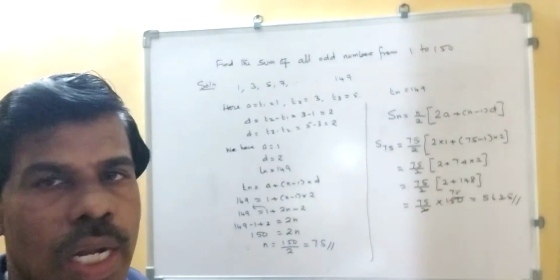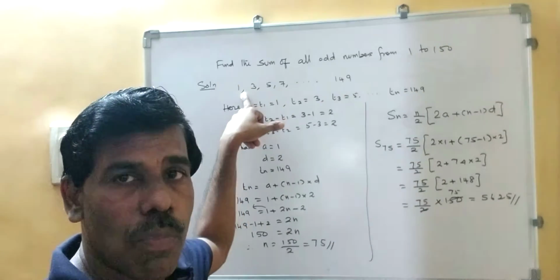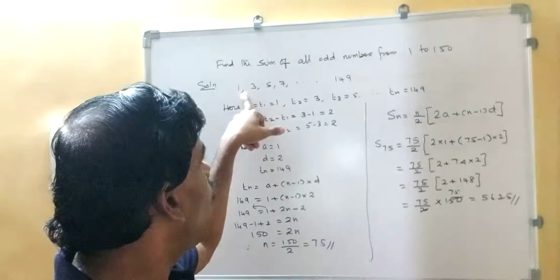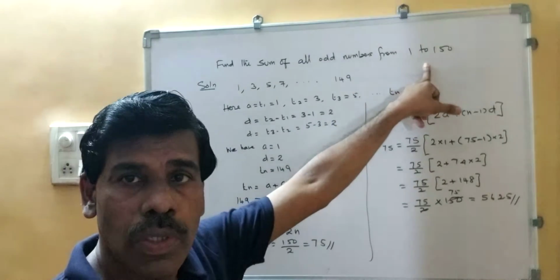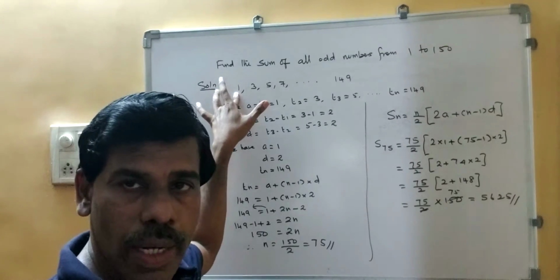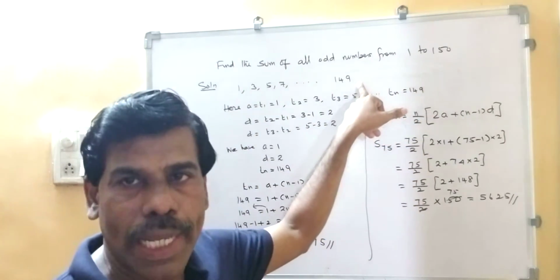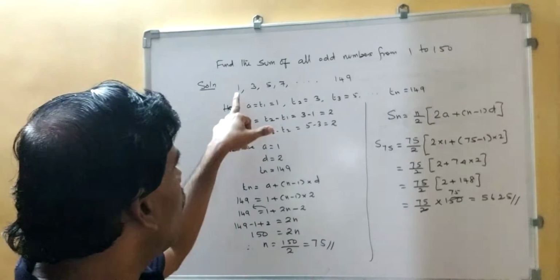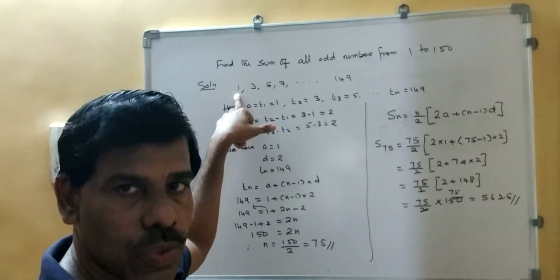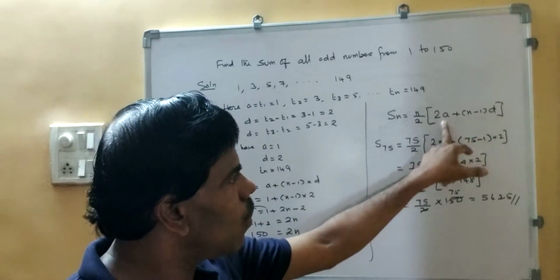Now listen to what I have explained. You are going to find out the sum of odd numbers from 1 to 150. First of all, you write the odd numbers. The starting odd number is 1, 3, 5, etc. The last odd number is 149. The first term a is 1, and the common difference is 2. So you know a and d.